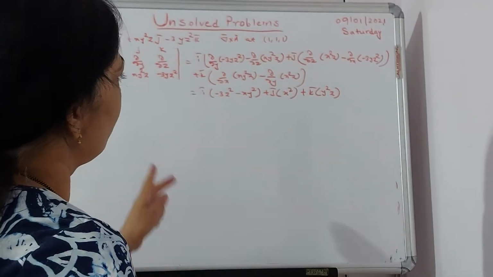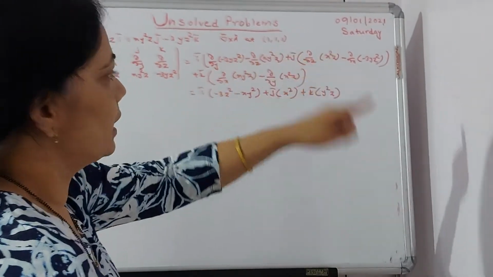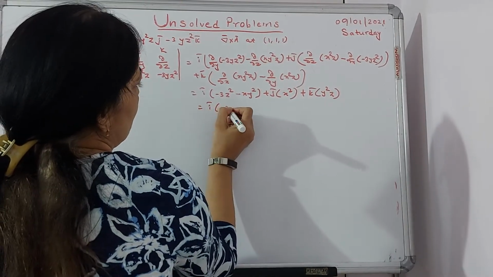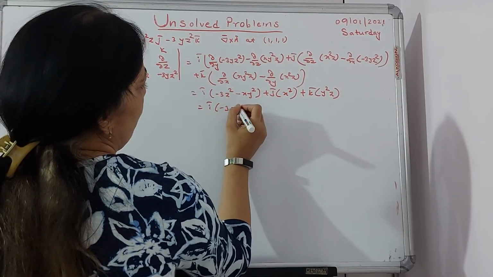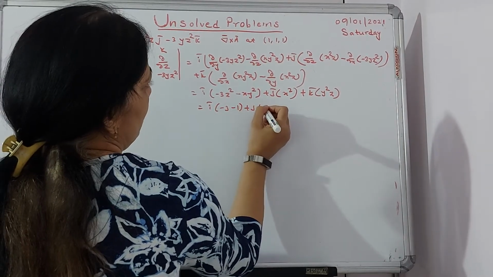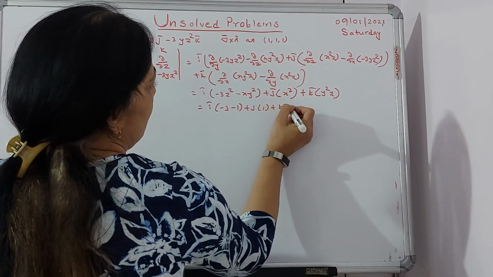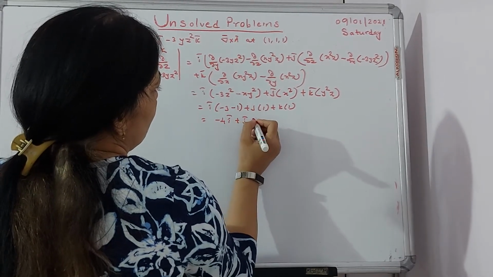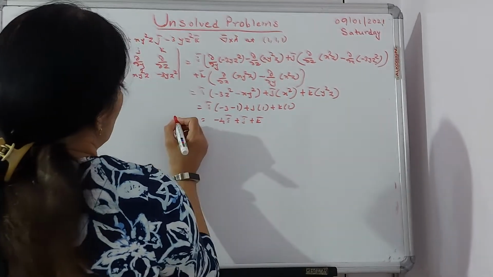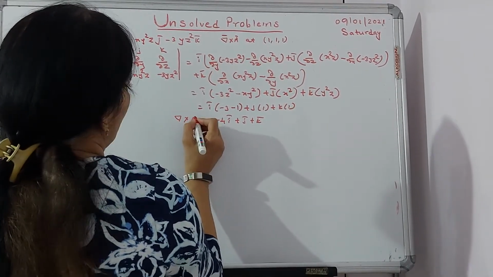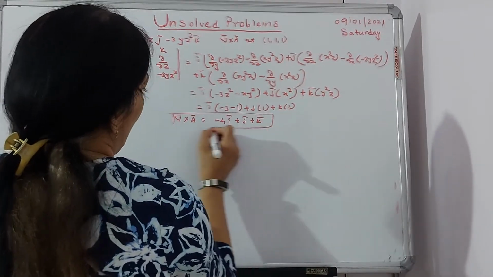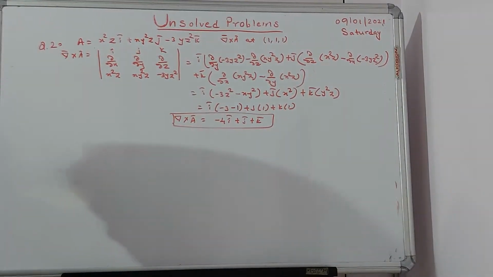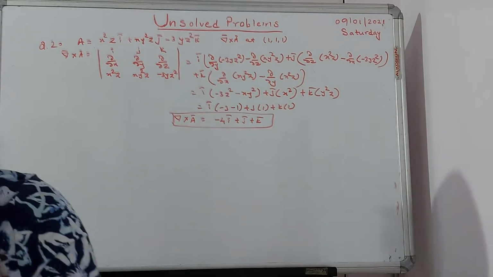Right? Now after getting the answer, put the values x, y, z to be 1, 1, 1. So you have minus 3 minus 1, plus j into 1, plus k into 1. So minus 4i plus j plus k is my curl of A answer at the given point 1, 1, 1. Correct? Minus 4i plus j plus k.